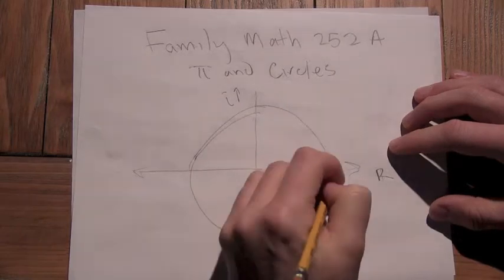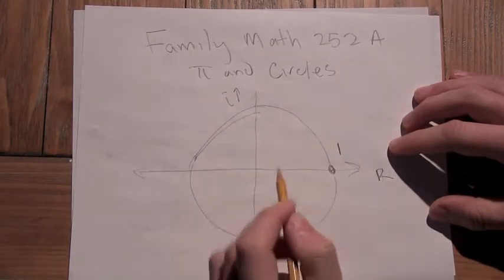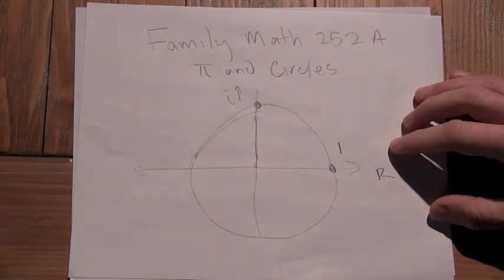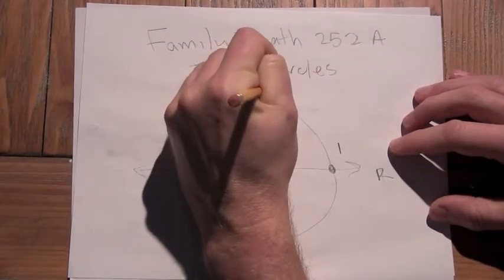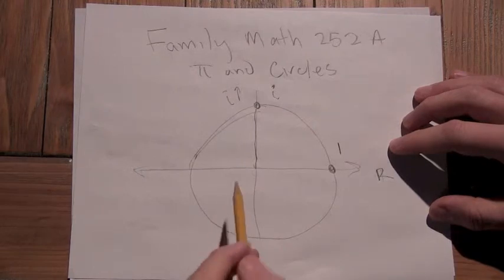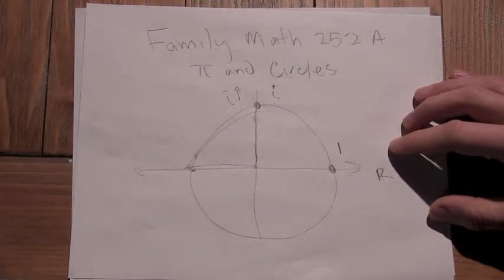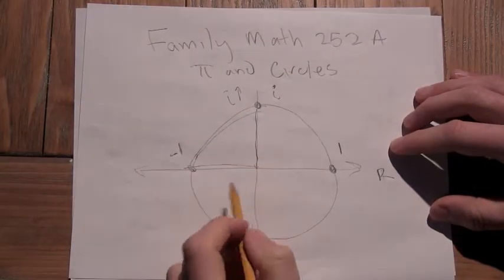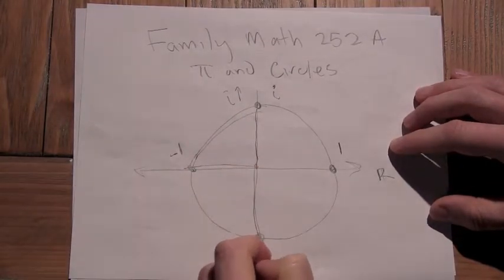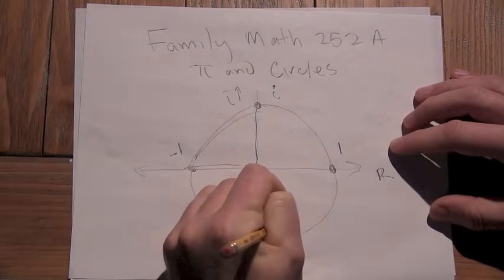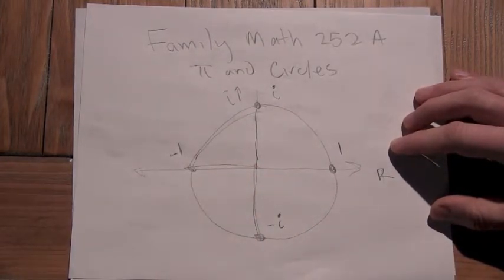So this is 1. A distance of 1 in the imaginary direction gets you up to what? I. A distance of 1 going backwards this way in the real direction gets you where? -1. And a distance of 1 going down in the imaginary direction gets you where? -I. Good job.